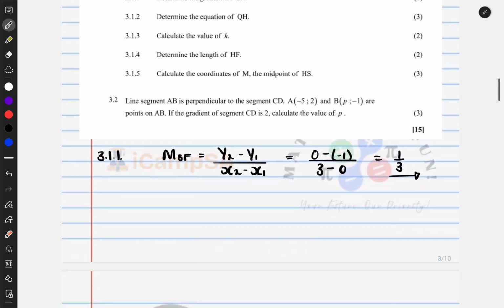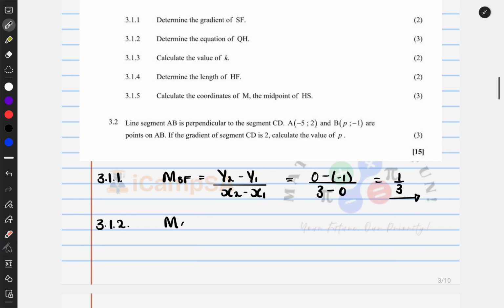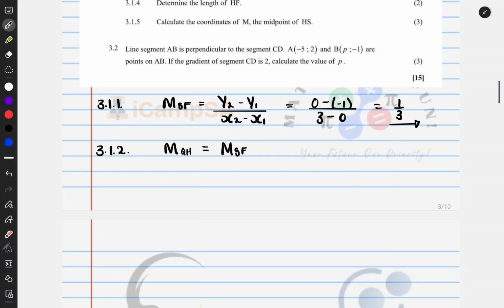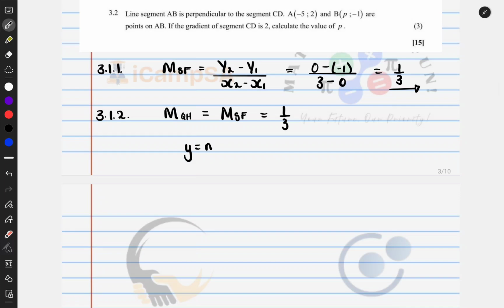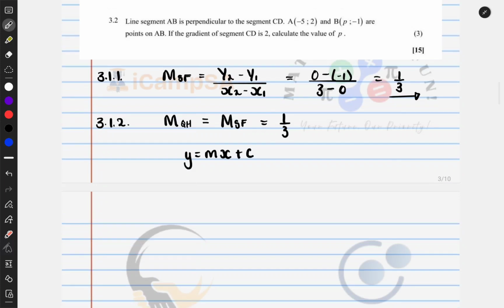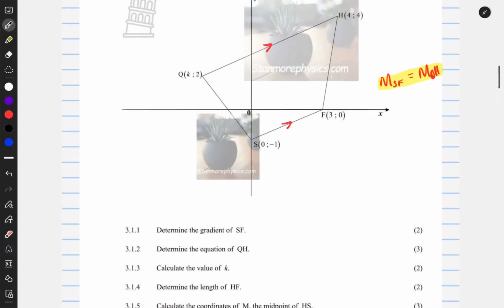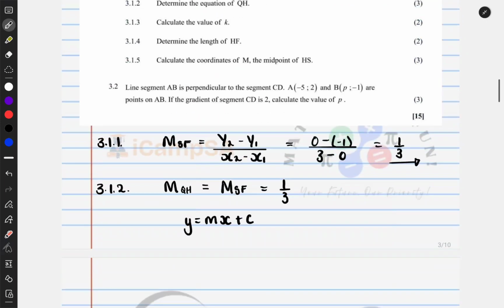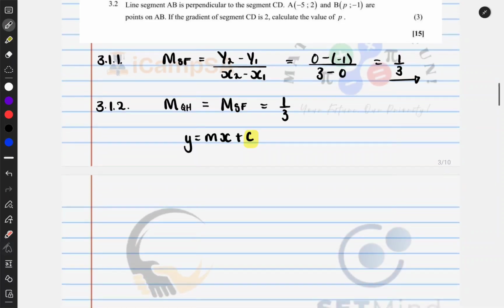For 3.1.2, the gradient of QH is equal to the gradient of SF, therefore 1 over 3, and the straight line equation is y equals mx plus c. So we take one of the coordinates on the line QH. We'll take coordinate H, since we have both the x and the y coordinate, so that we can solve for C. Remember that C is your y-intercept.